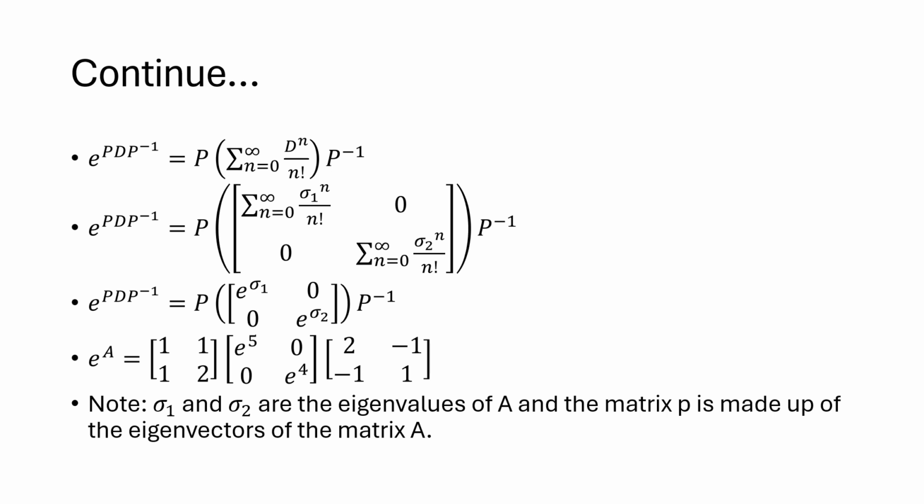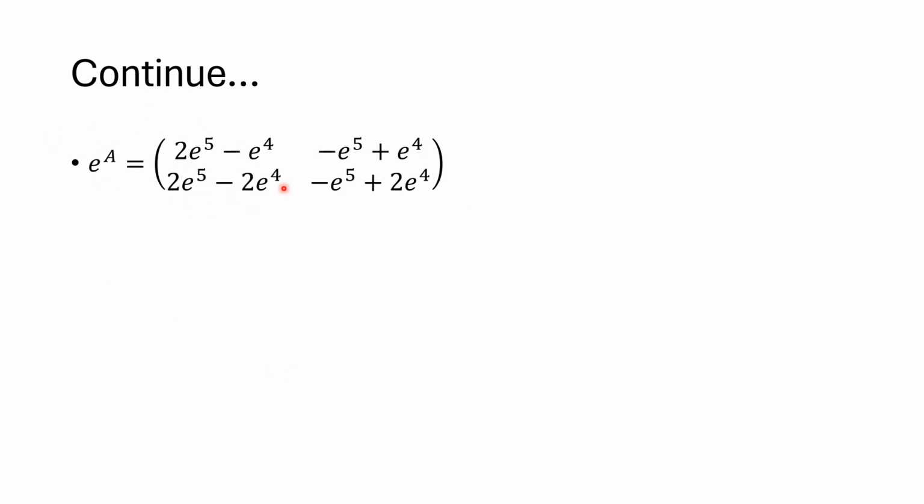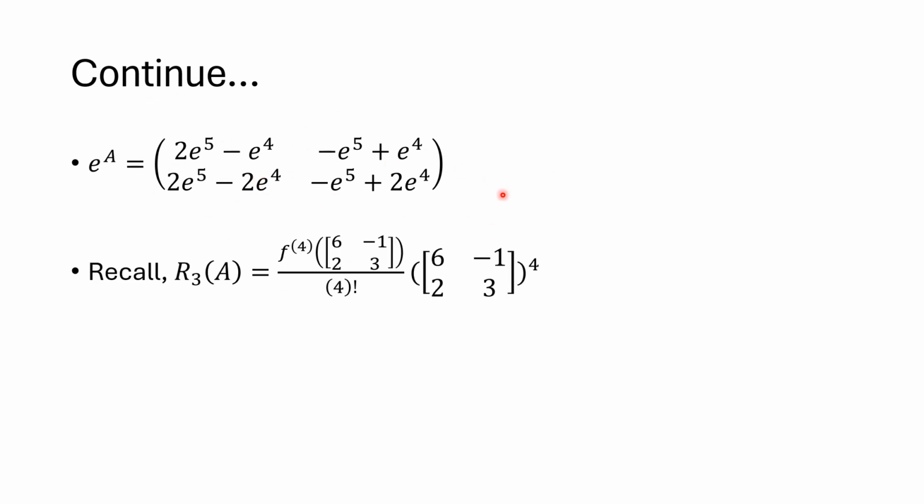However, when we evaluate e to the power of A by performing all those matrix multiplications, we get something like this, okay? And if we recall the original formula for finding the remainder, the Lagrange remainder, what we have done is basically found a matrix equivalent to this.